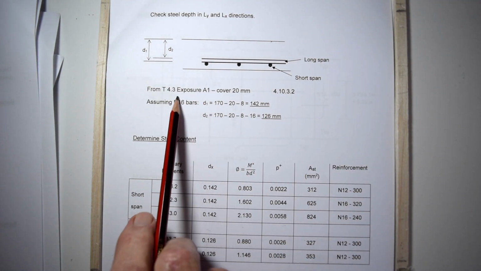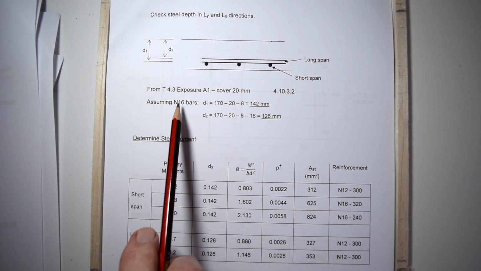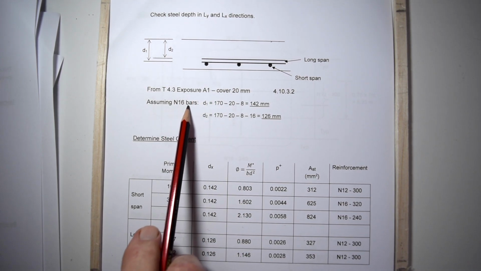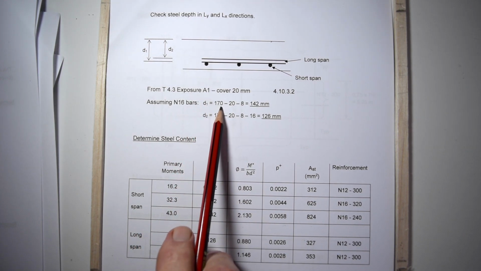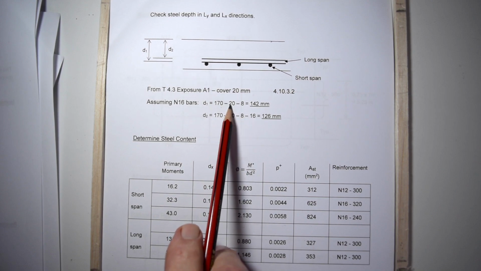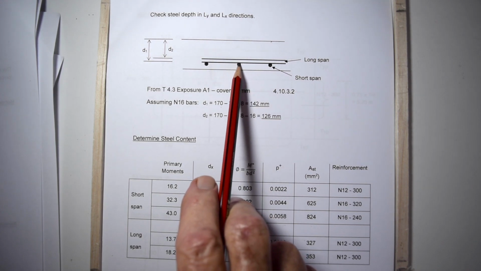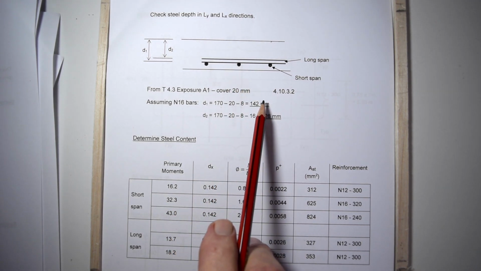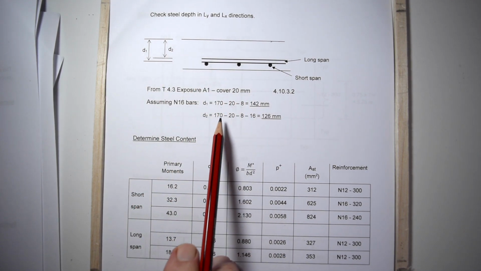And our actual calculations are for exposure A1, a 20 millimeter cover. We're assuming N16 bars both ways. We've got an overall depth of 170 minus the cover minus 8 millimeters. This is for the important steel, the bottom steel. So we've got an effective depth for D1 of 142 mil.